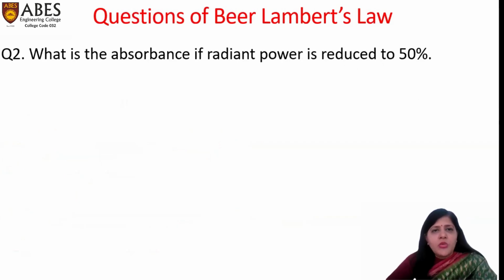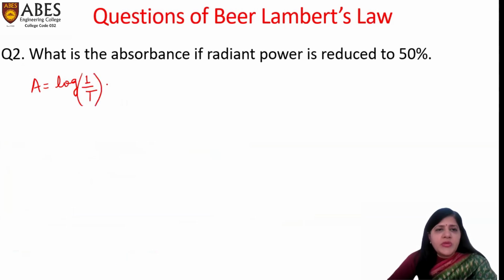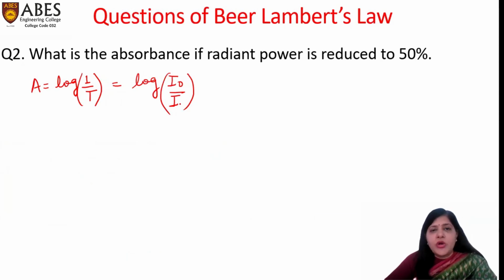Next question. What is the absorbance if radiant power is reduced to 50%? For this, we'll take the expression A is equal to log 1 by T. Absorbance is equal to log of 1 upon transmittance. It is expressed as log I naught upon I, where I naught is the intensity of incident radiation and I is the intensity of transmitted radiation.